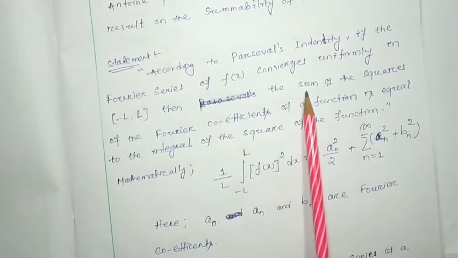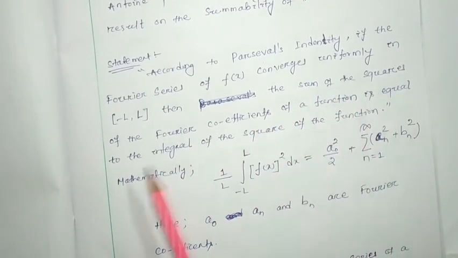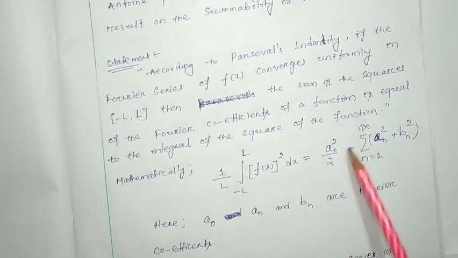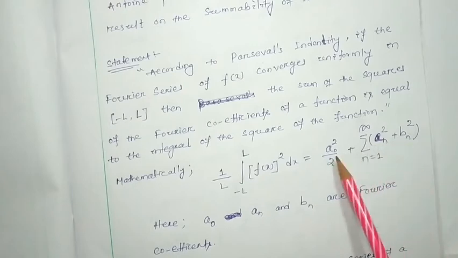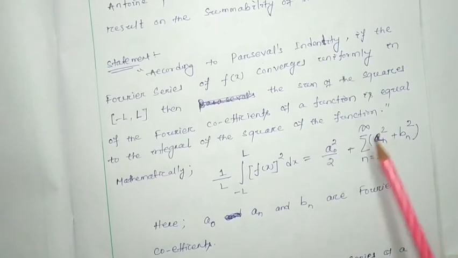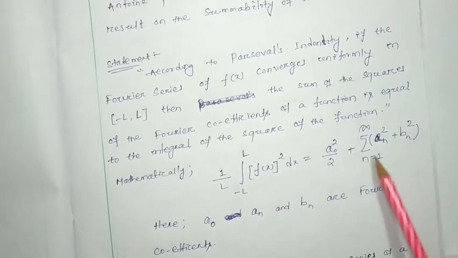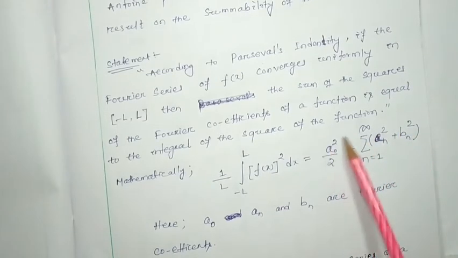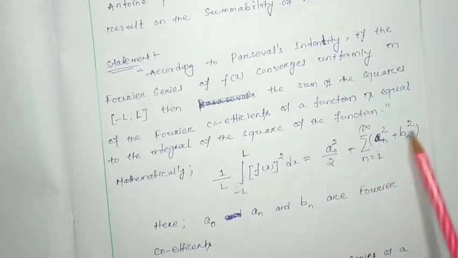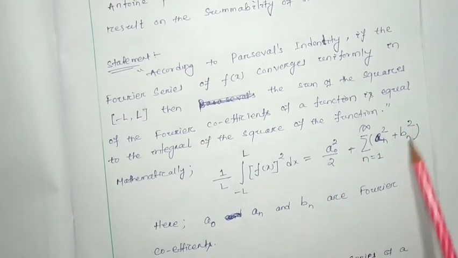So the sum of the squares of the Fourier coefficients of a function is equal to the integral of the square of the function. So here, sum of the squares of the Fourier coefficients: a0 square plus summation of an square plus bn square. This is the sum of the squares of the Fourier coefficients. And here also a0 square by 2.